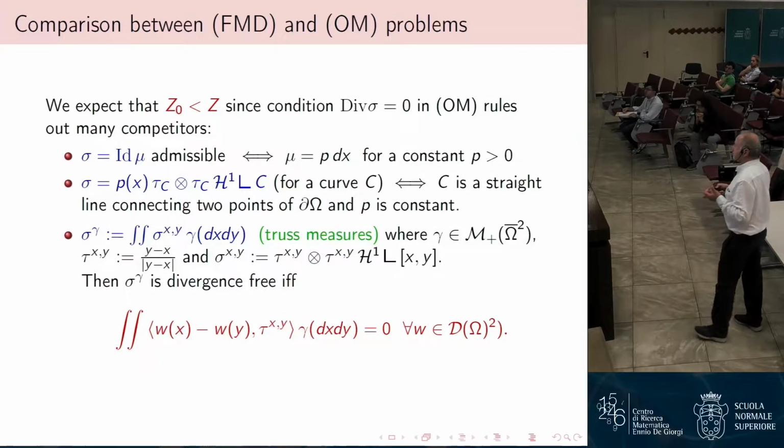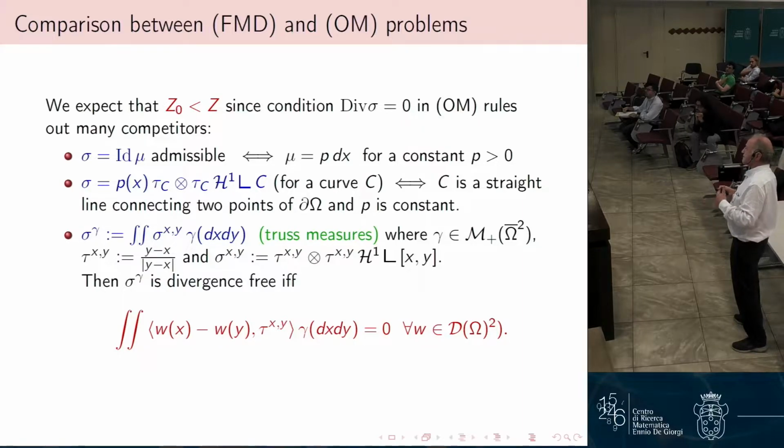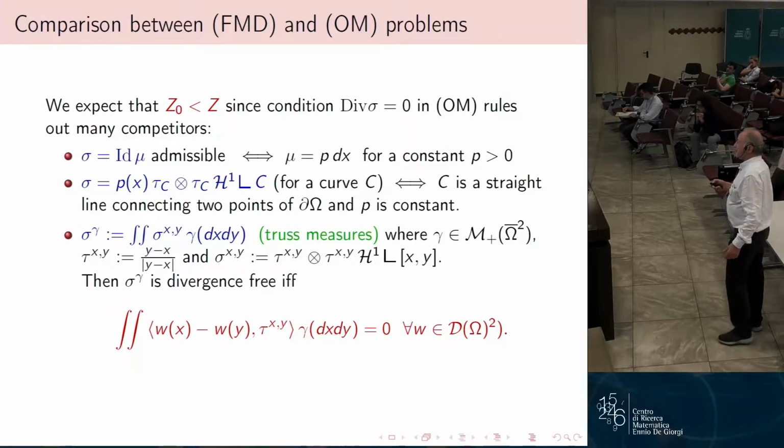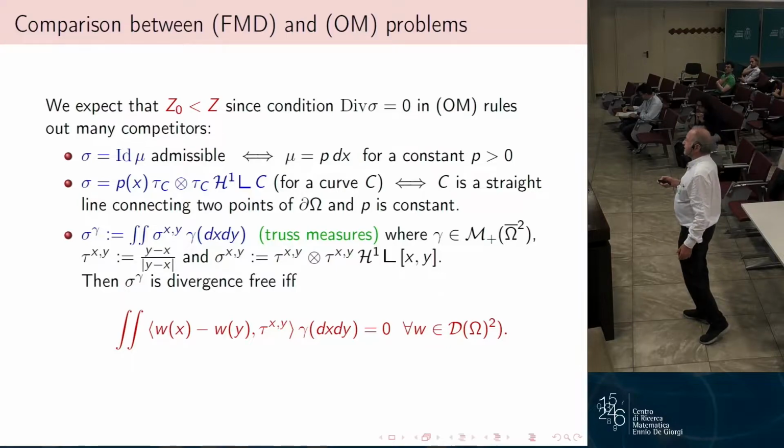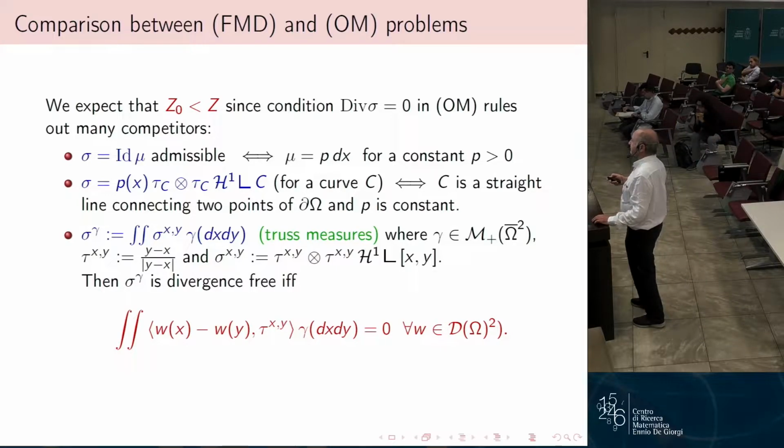If you take a smooth curve C, automatically, if sigma is carried by this curve, sigma has to be in the direction of tau tensor tau, where tau is a unit tangent vector. And you can put a density p in front of this tensor, but the divergence-free condition implies that p is constant.